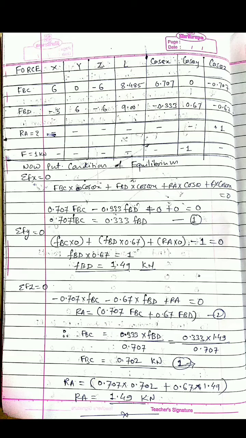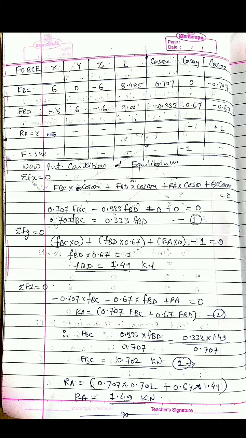From that expression we are getting L is equal to 8.485, and the corresponding cos theta X is equal to X by L, that is 6 by 8.485, that is 0.707. Cos theta Y is equal to 0 by 8.485, that is 0. Cos theta Z is equal to minus 6 by the length, that is minus 0.707.